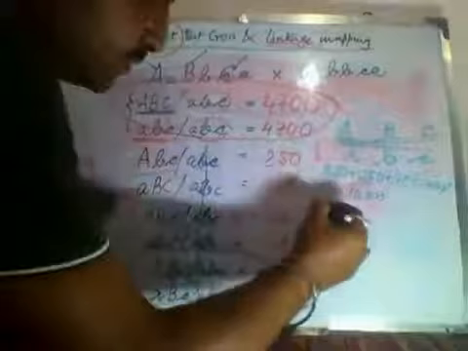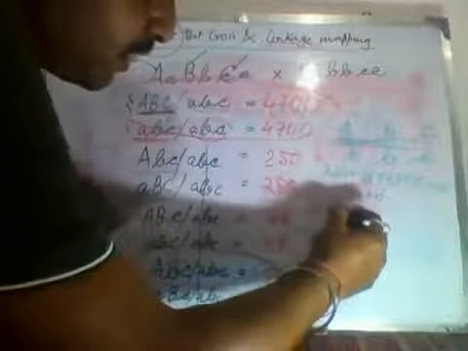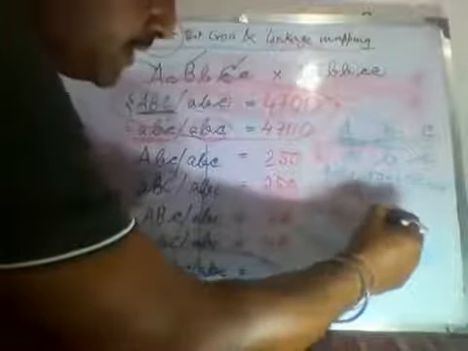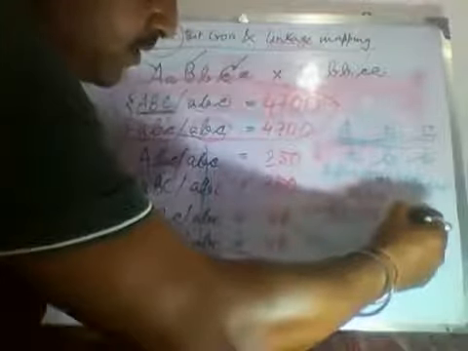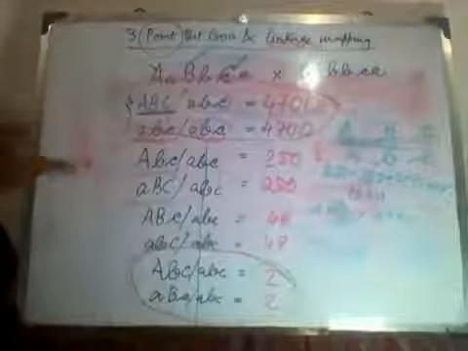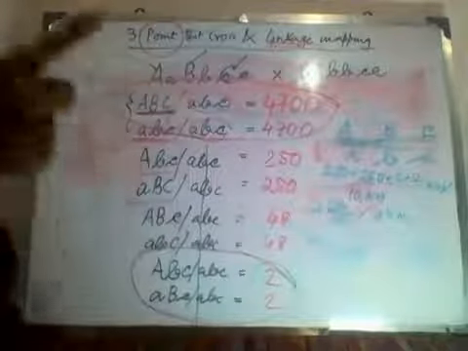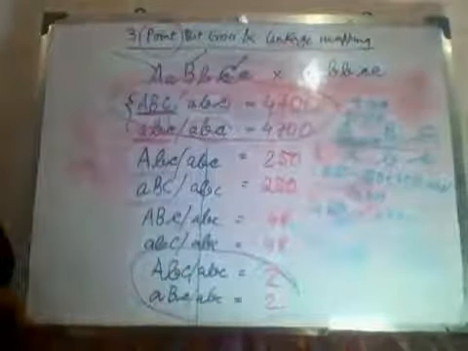So it will come down to 504 divided by 10,000, percent, which means 5.04%. I have mentioned in my previous part that 1% recombination is equal to 1 centimorgan map unit distance. So the distance between A and B is 5.04 centimorgan, right?